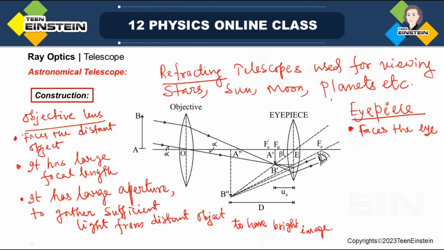The objective is collecting the rays or light from the distant object, and we see the image through this eyepiece, which is near to our eyes. Then it has a small aperture, and it has comparatively shorter focal length.